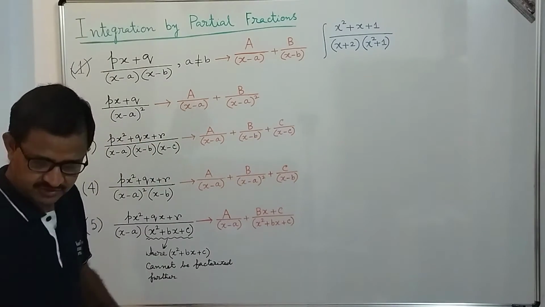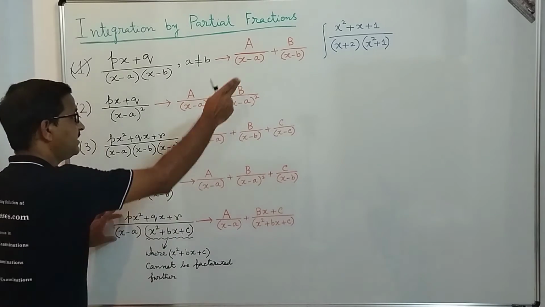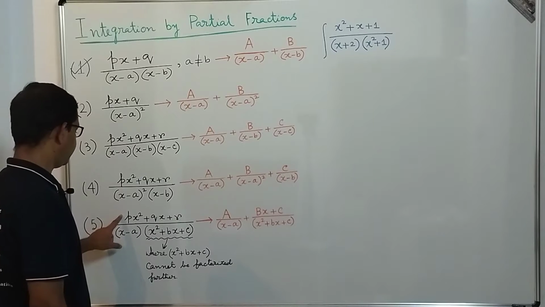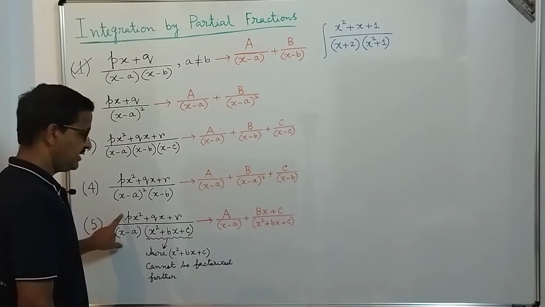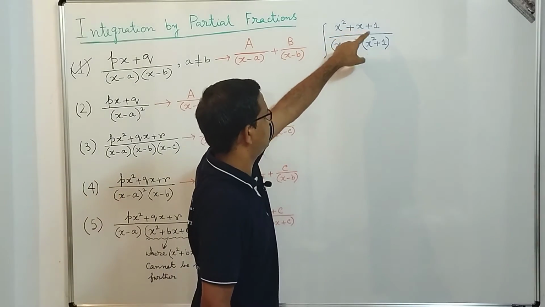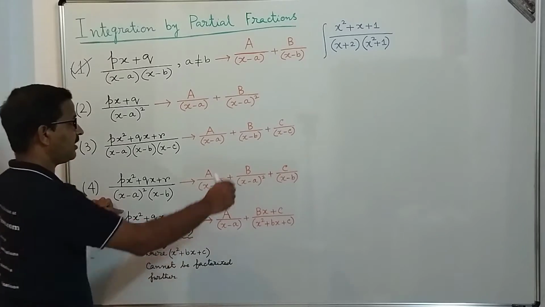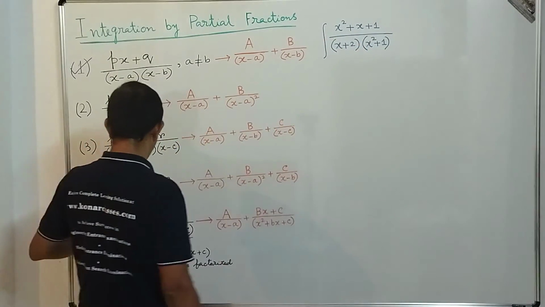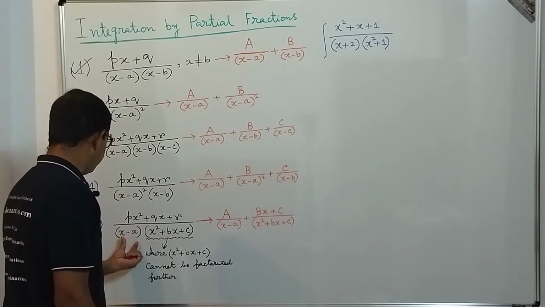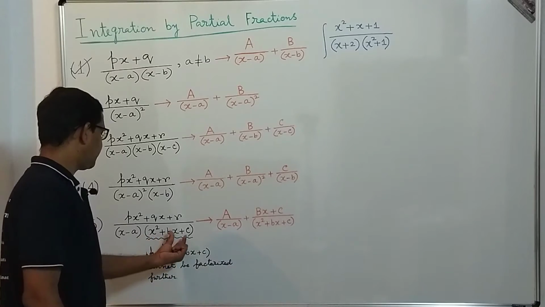So if we look at the given integration, it is coming into the fifth category, where the numerator is a quadratic polynomial like px square plus qx plus r, which is here x square plus x plus 1. If we compare px square plus qx plus r with x square plus x plus 1, p, q, r are all equal to 1. In the denominator it is x minus a into x square plus bx plus c.